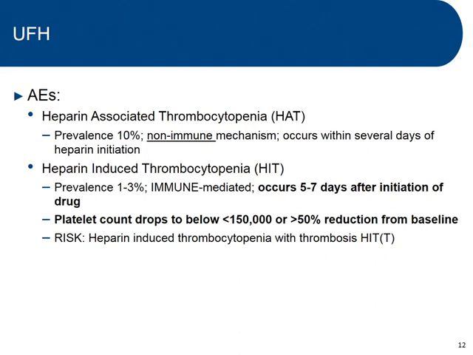In patients who experience HIT, their platelet count drops below 150,000 or greater than 50% reduction from baseline. And the reason why HIT is so concerning is because it is associated with thrombosis. And this is life-threatening.